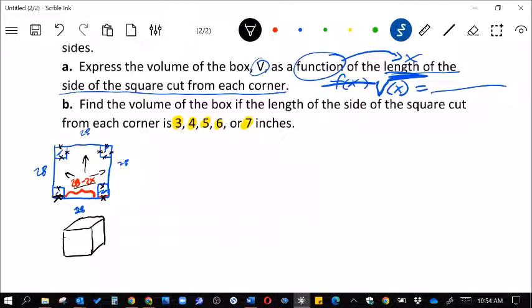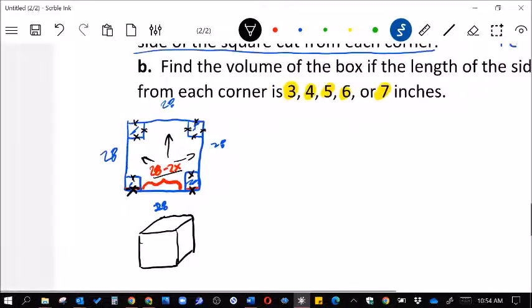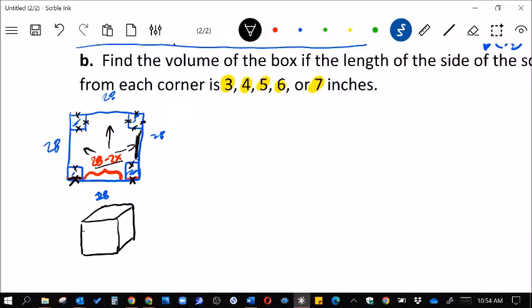So this part here is 28 minus x, and the tops are 28 minus x.